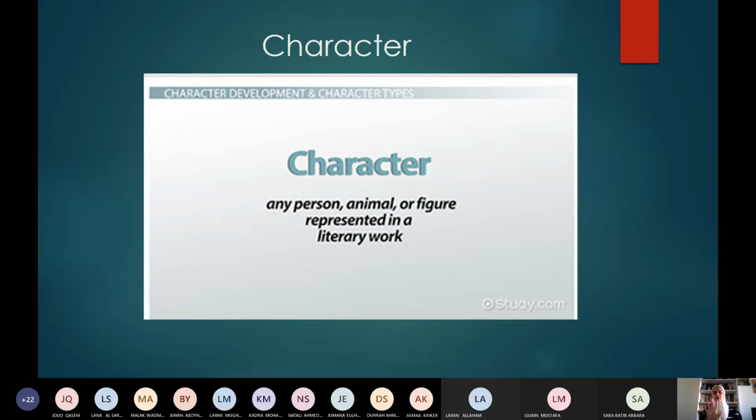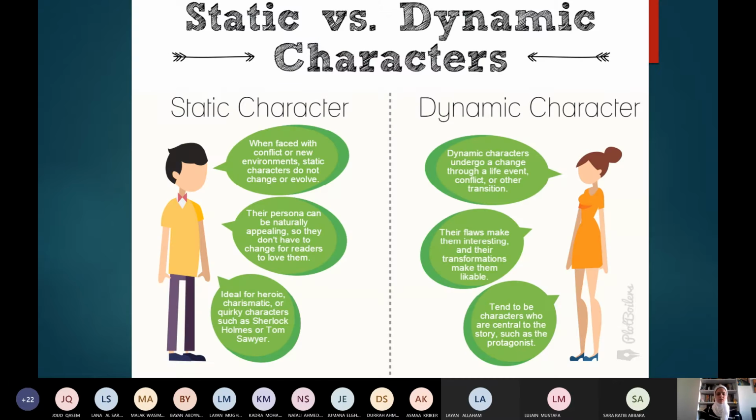The five friends will have the same traits, same actions and same thoughts? No. I have to differentiate, or I have to give them different qualities. While I decide to write a story, I have a static character and a dynamic character.